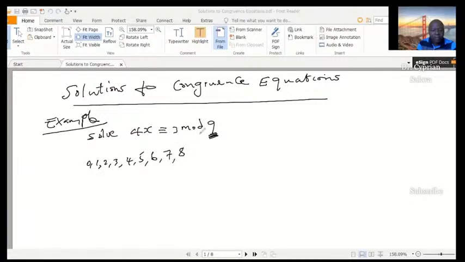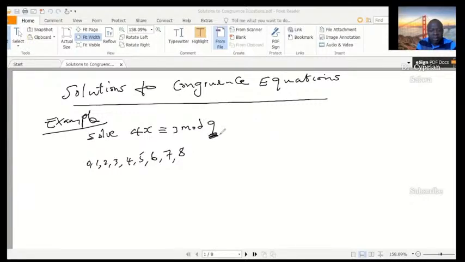So when the modulus is relatively small, this 9 for example, we try all these numbers and we see which ones, if multiplied by 4 and then the result divided by 9, the remainder will be 3. But as we proceed, this is not the method I'll be using. I'm just using this method because the modulus is relatively small. But of course, we have other methods.